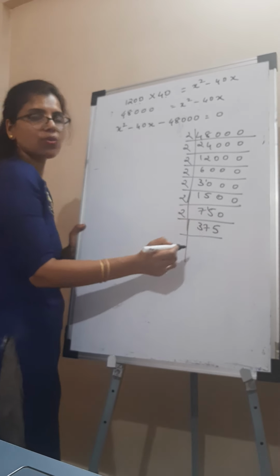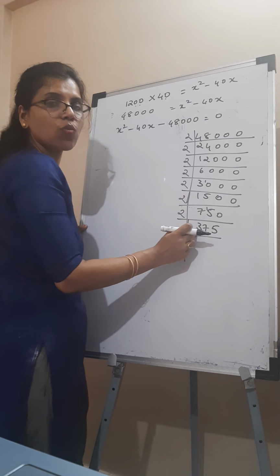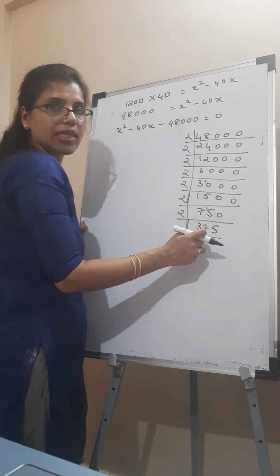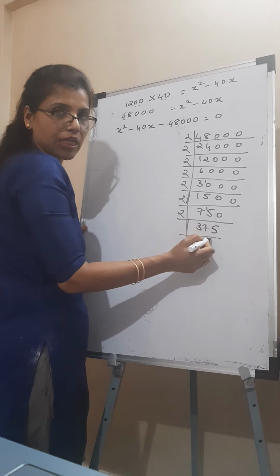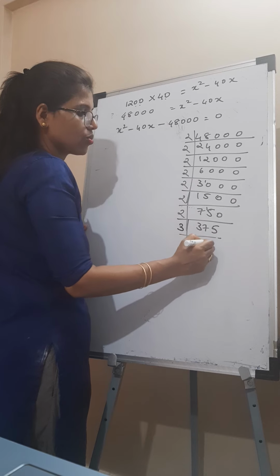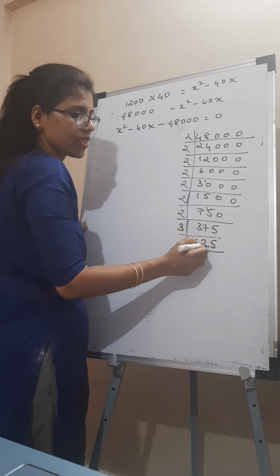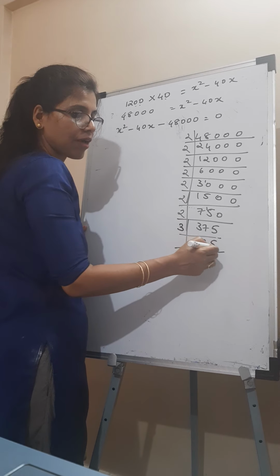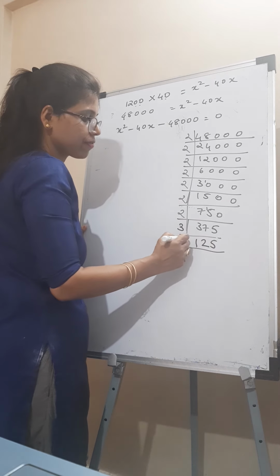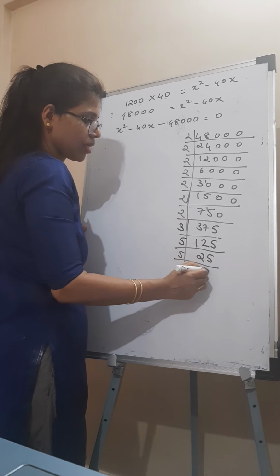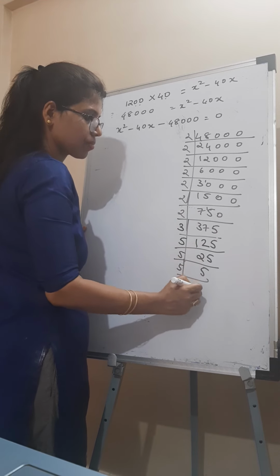Now as I told you, when you want to check for 3, you add the digits and then you see whether it can be divided by 3. So it is 15, so it can be divided by 3. So you divide by 3. 3 1s are 3, 3 2s are 6, 3 5s are 15. Again the same thing, 7 plus 1 is 8, so it cannot be divided by 3. It can be divided by 5 because the units place is having 5. So 5 2s are 10, 5 5s are 25, 5 1s are 5.